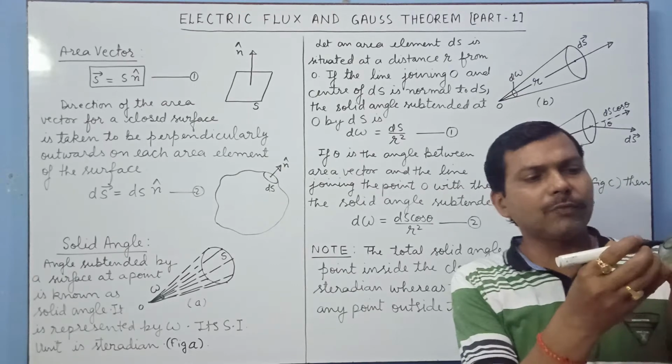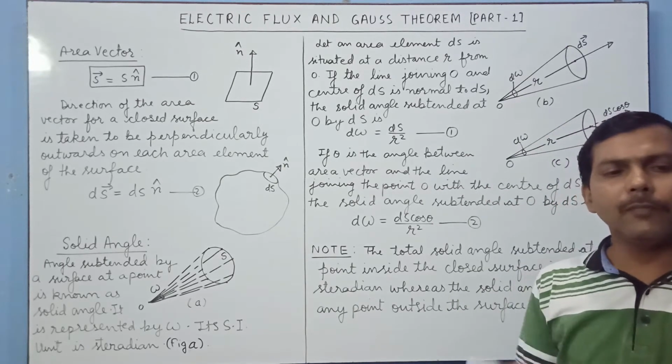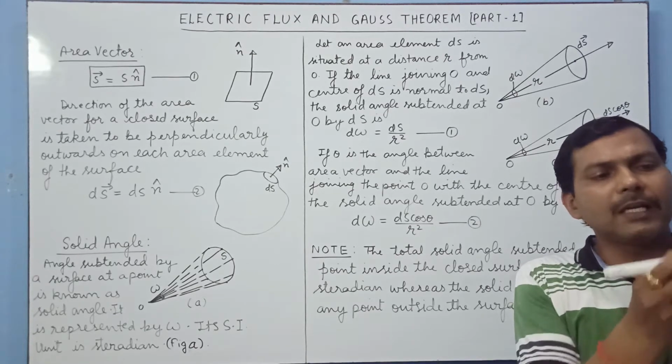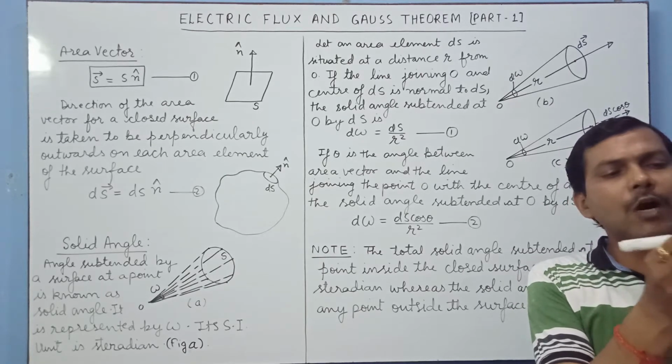So area vector of this element will be outwards like this. If this area element is here, then the area vector will be perpendicularly outwards like this.